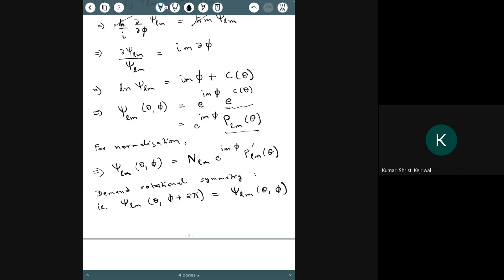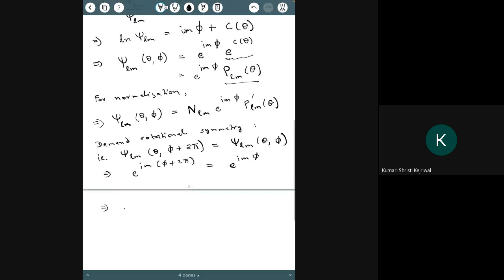Using this, I can write e to the power im phi plus 2 pi is equal to e to the power im phi. And e to the power im phi into e to the power im 2 pi is equal to e to the power im phi.